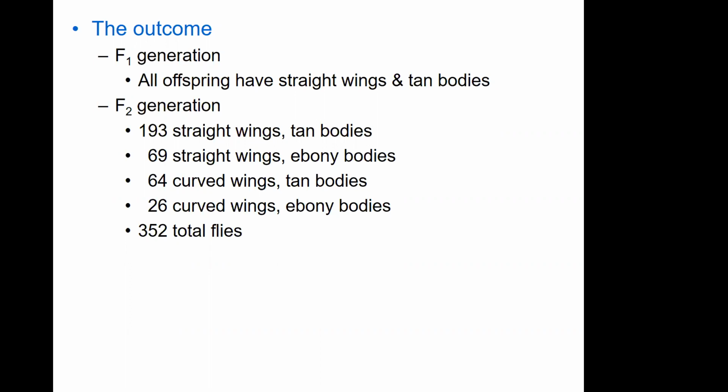So you would say, well, if I had 352 flies and I expect 9/16 of them to be like this one, right? I would take this and multiply it by 9/16, right? If I have that, I would expect 1/16 of them should have this, right?